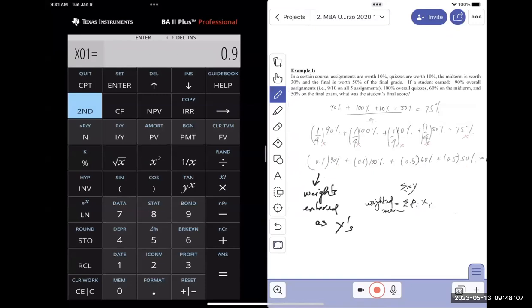So I put in 0.9, and the weight is 0.1, and I put in 100, and the weight is 0.1, and I put in 60, and the weight is 0.3, and I put in 50, and the weight is 0.5. And then I ask for second stat, and I use the arrow up to get this summation of the multiples. So this gives me the weighted mean.